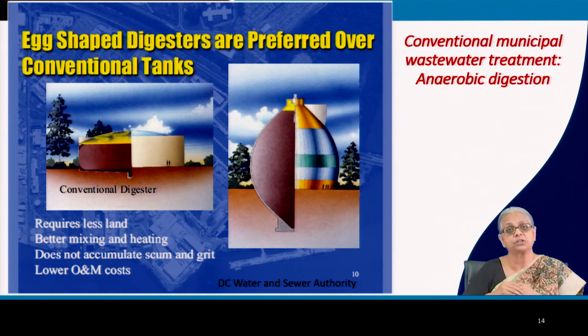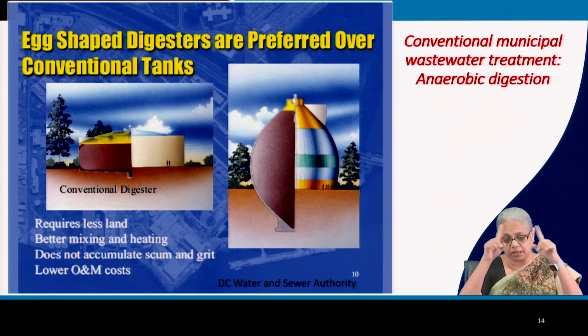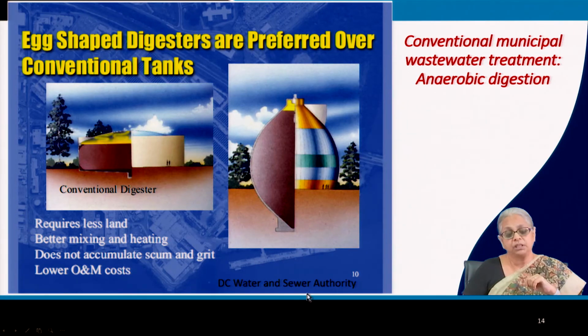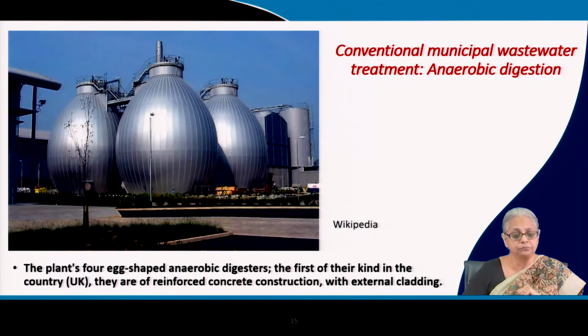Now in egg-shaped digesters, I have been told that because of the nature of the digester, the egg shape, you don't need to do any cleaning. Absolutely no cleaning has been done in this particular case, and you get good results in terms of biogas generation. These are examples of egg-shaped digesters in the UK. This is from the internet, from Wikipedia.